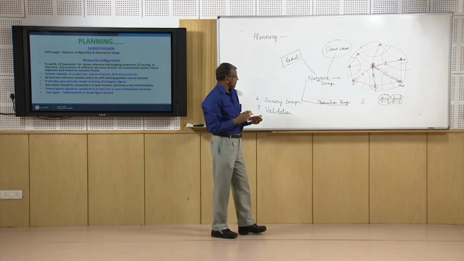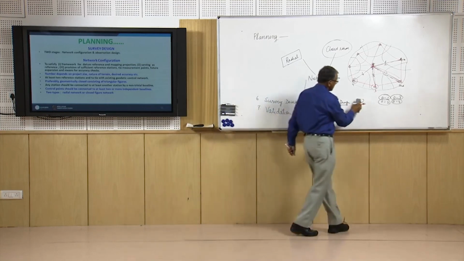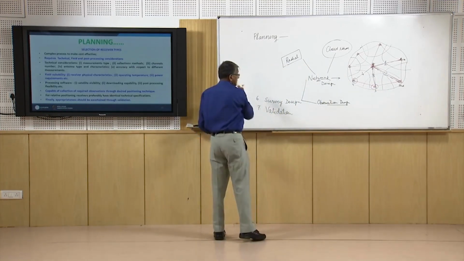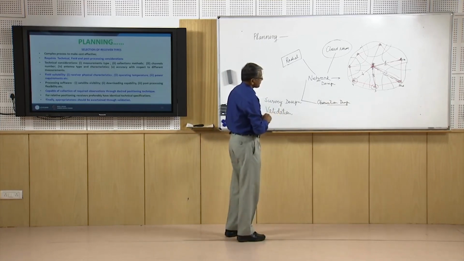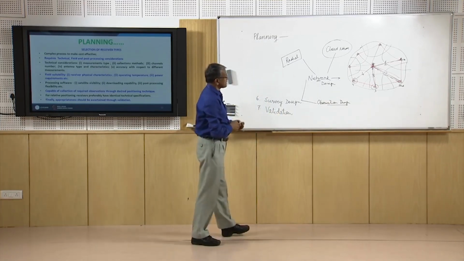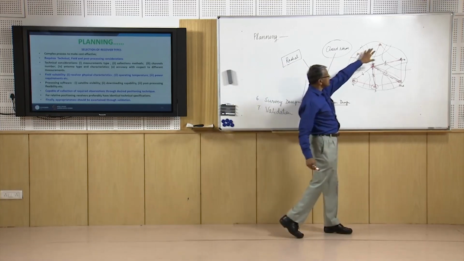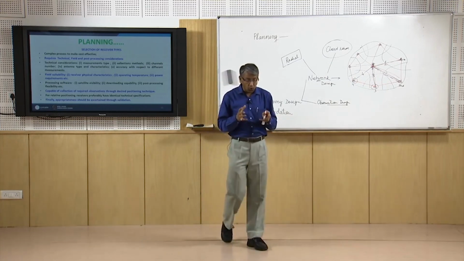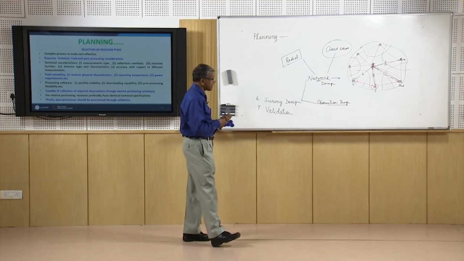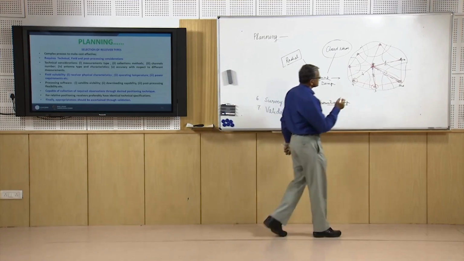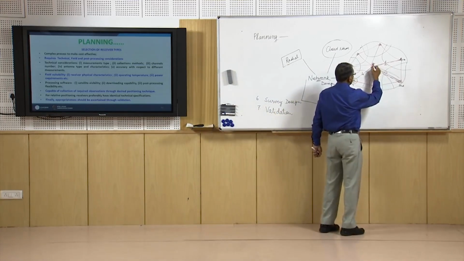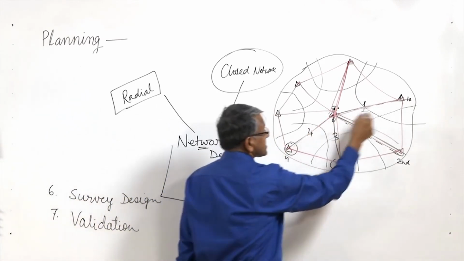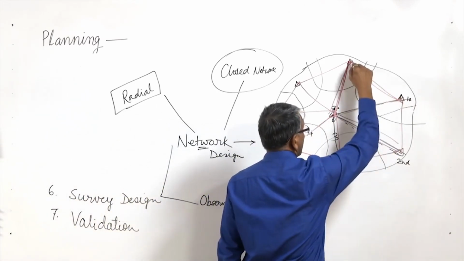In a network like this, we generally need more than 2, at least 3 or 4 receivers. In a closed network we generally go for baselines which form closed triangles, and the observations will be taken in such a way that at least 2 adjoining stations are observed simultaneously.